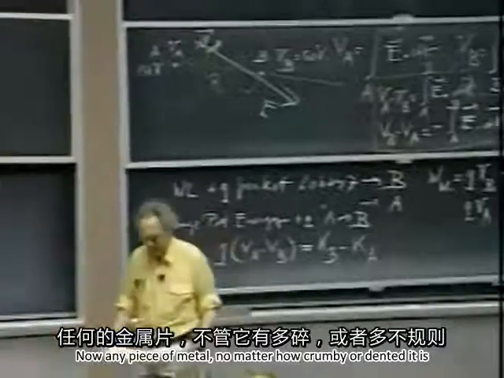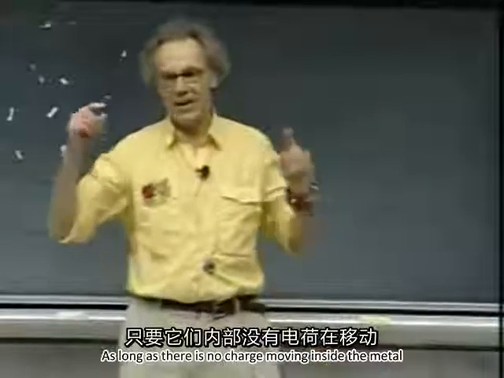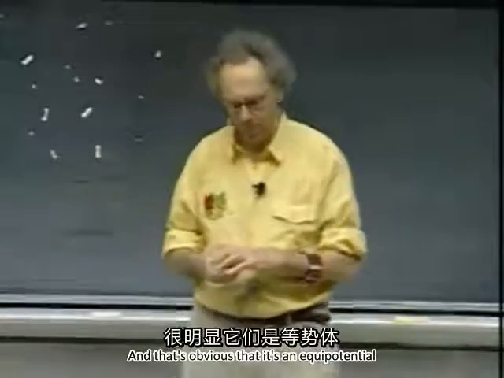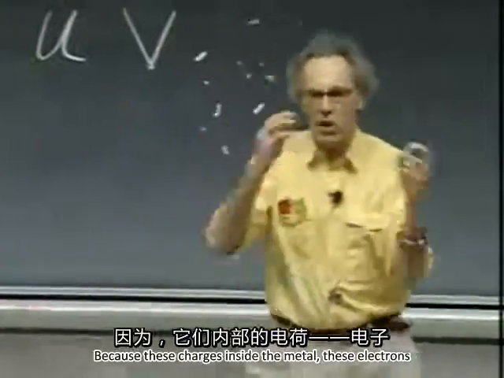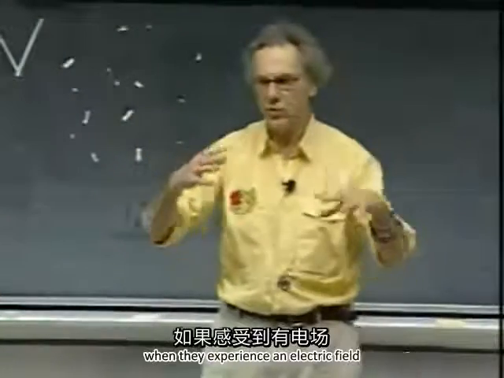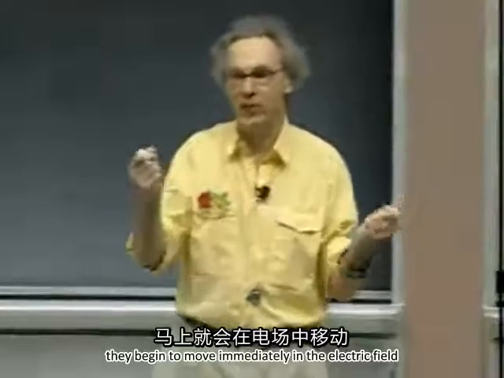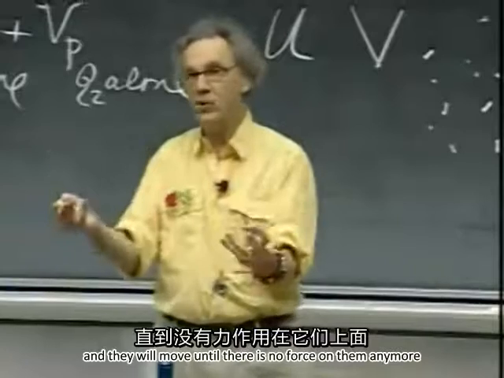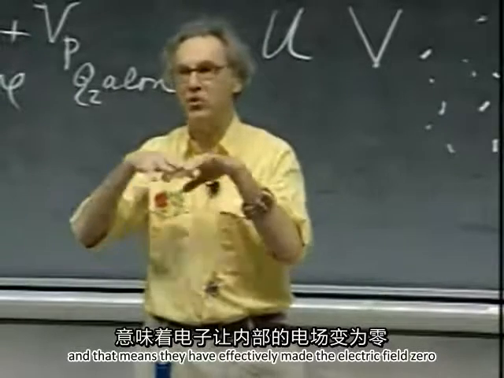Now, any piece of metal, no matter how crummy or dented, is an equipotential, as long as there is no charge moving inside the metal. And that's obvious, because these charges inside the metal, these electrons, when they experience an electric field, begin to move immediately, and they will move until there is no force on them anymore, and that means they have effectively made the electric field zero.